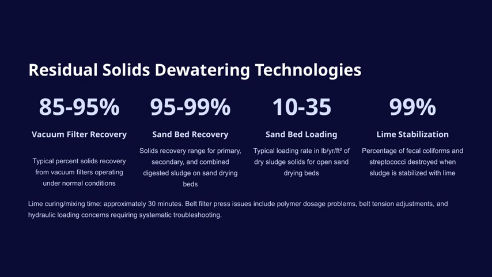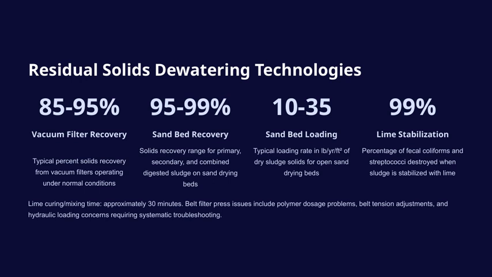Moving on to lime stabilization, an important point is that about 99% of fecal coliforms and streptococci are destroyed when sludge is stabilized with lime. This step is vital for pathogen reduction and safety. Additionally, lime curing or mixing generally takes about 30 minutes for effective stabilization.